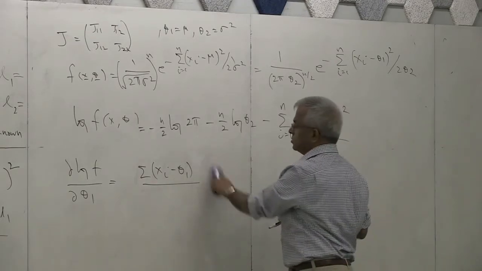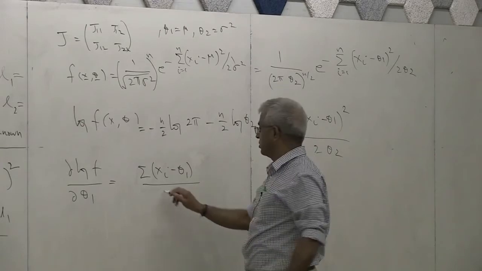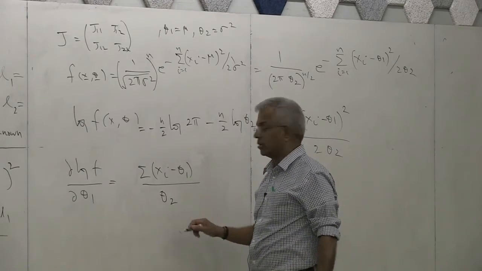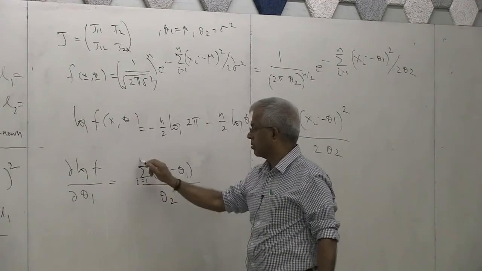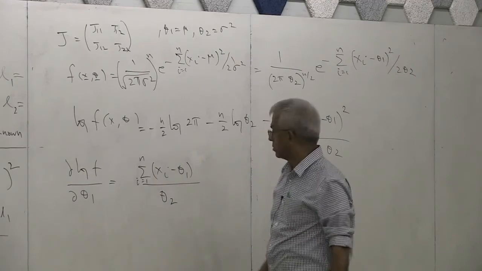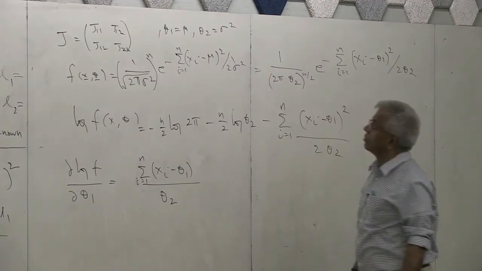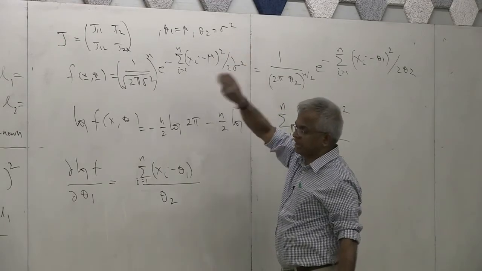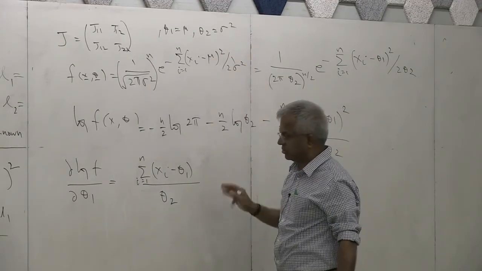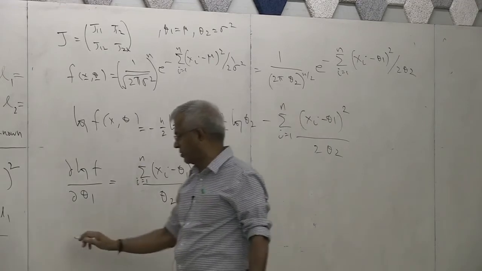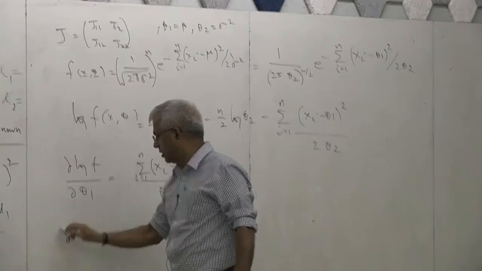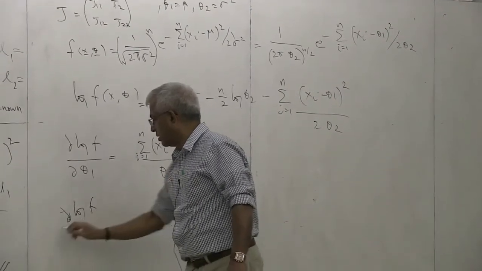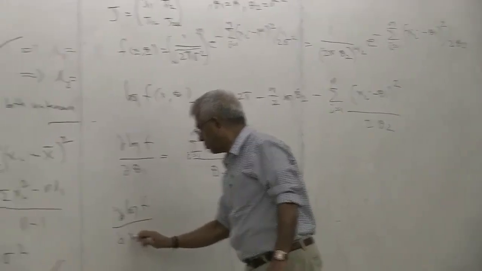So you end up with sigma xi minus theta 1 over theta 2. Theta 2 is sigma squared. Because we want to take the derivative, we don't want the square, it will only confuse further.